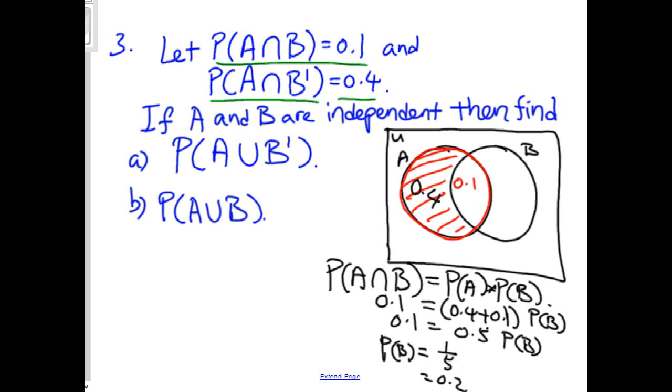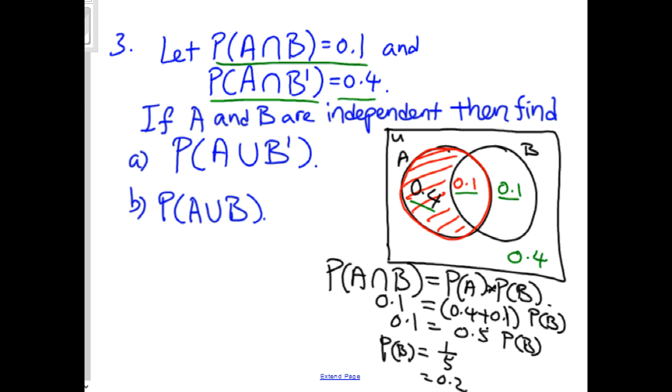So now I know, because it's 0.2 and the intersection is already 0.1, the rest is 0.1. So 0.1, 0.1, 0.2, 0.4, 0.6, which means outside of A and B is 0.4.